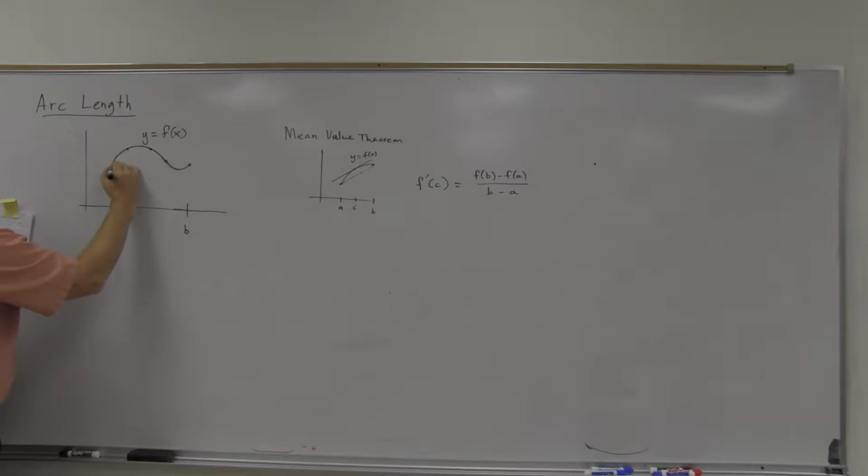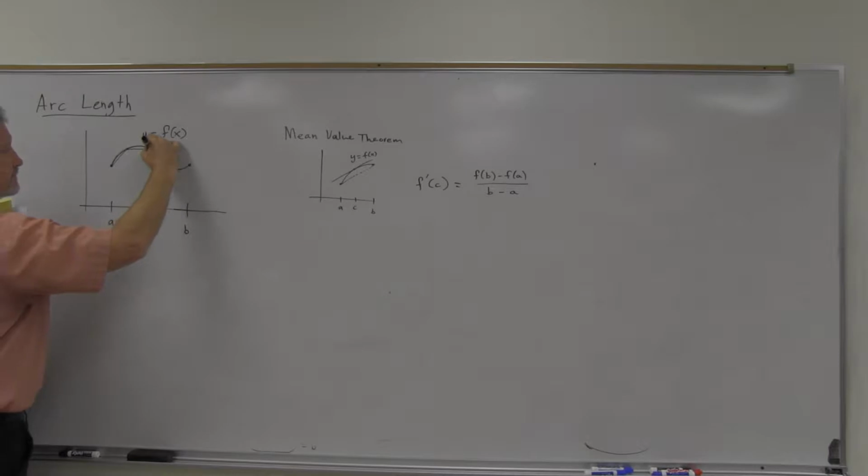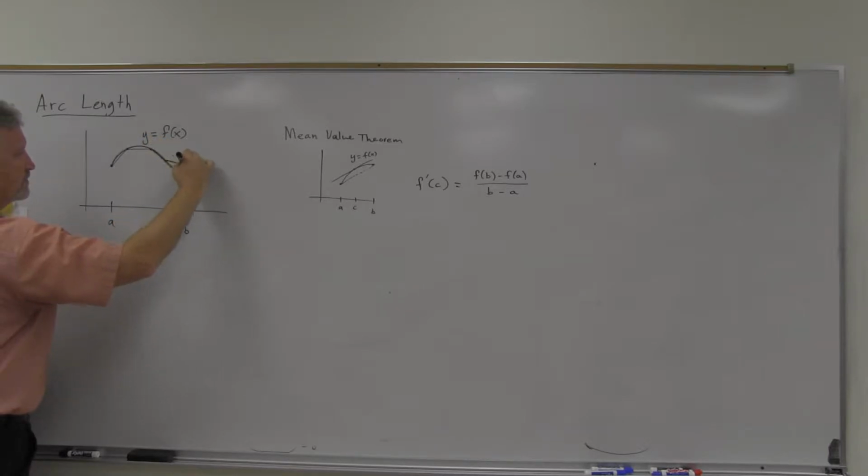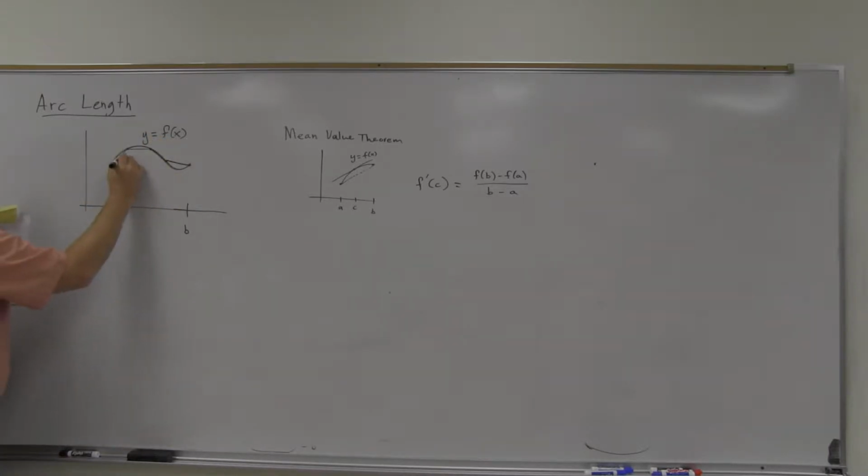So instead of coming up with these curved increments, we're going to break it up into 4 little line segments, which obviously aren't exactly matching the curve, but it's a pretty good first estimate anyway.